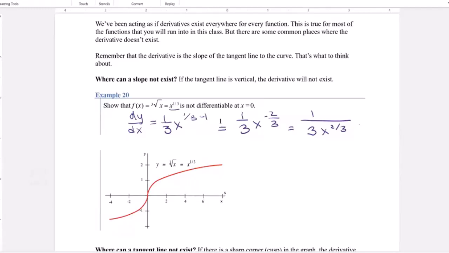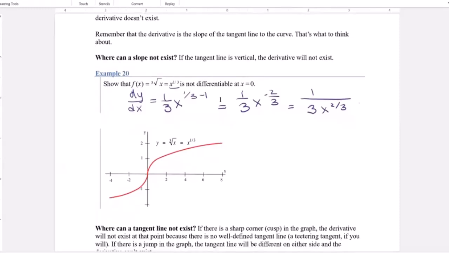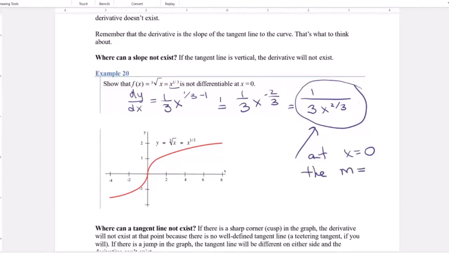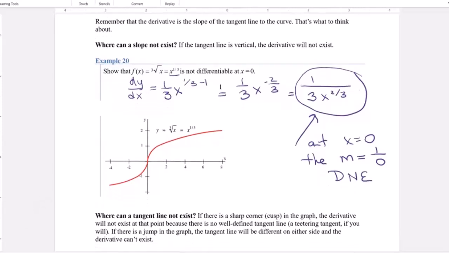We don't have to turn it into a radical. If this is my derivative, it is not differentiable at x equals 0 because at x equals 0, the slope is equal to 1 over 0, which does not exist.